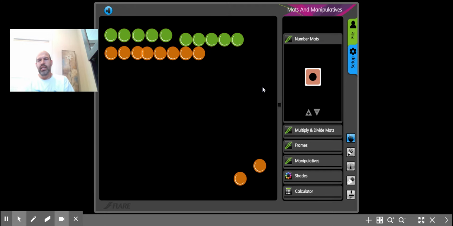So this time we added 5 to one number and then we added 5 to the other number. So look at that. 5 take away 3 is the same as 10 take away 7. Okay? Does that make sense? Because we had 5 take away 3. If we add 5 more to the top, 5 plus 5 is 10.